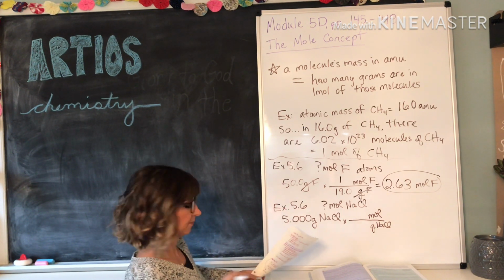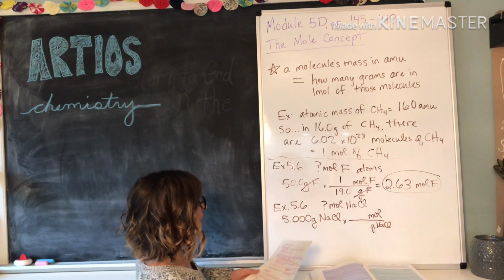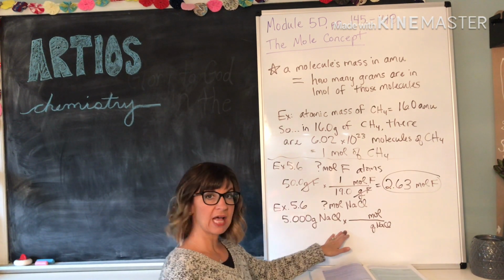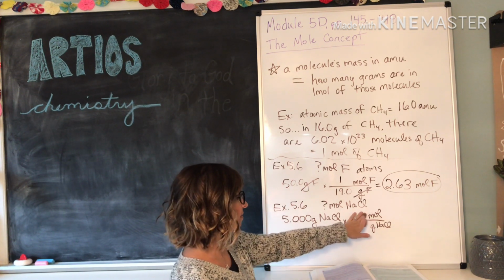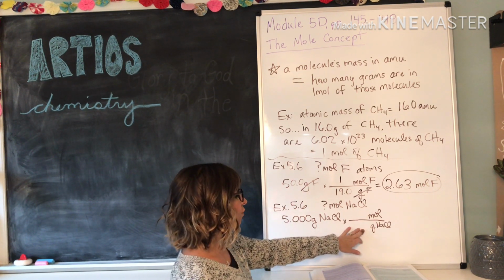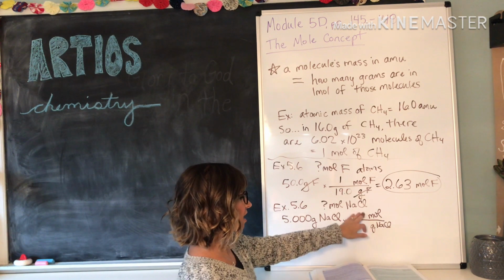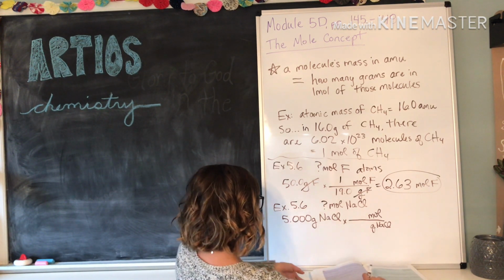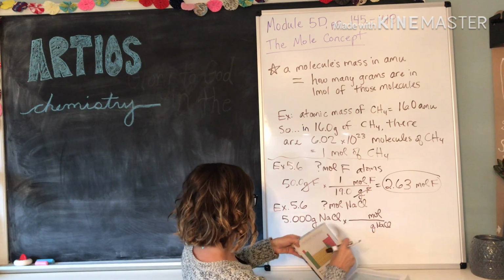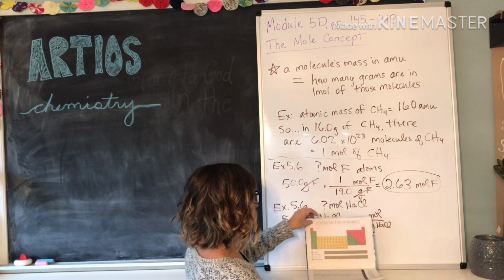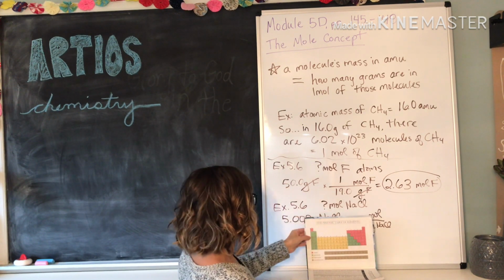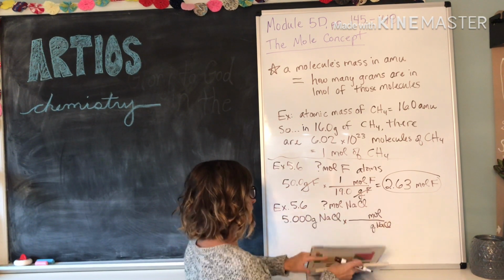Yes, good girl. Okay, so we have 5.00 grams of NaCl. We're going to multiply it by grams on the bottom and moles on the top. So now we need to know how many grams are in 1 mole of sodium chloride. So we go to our handy dandy table. For sodium chloride, we have to look at Na and Cl. Na is 23.0.